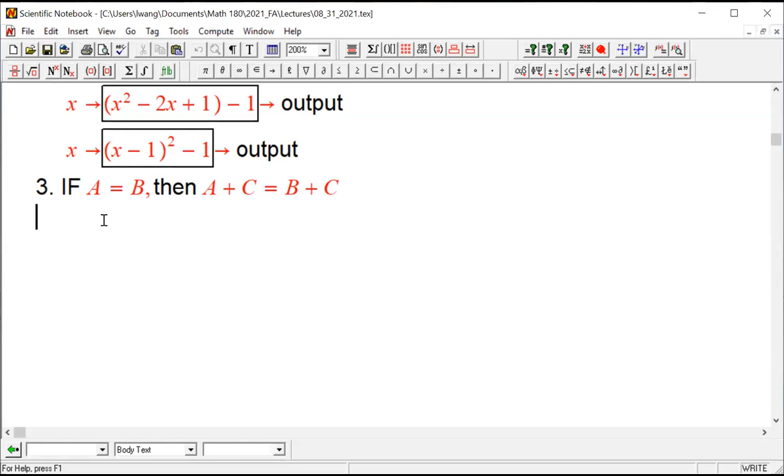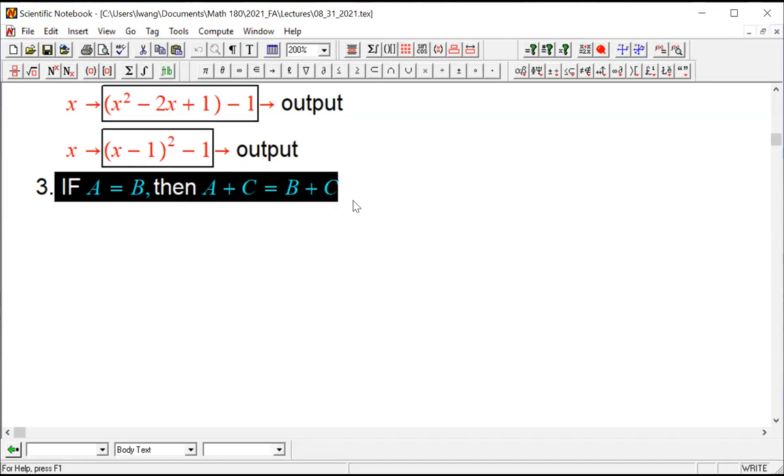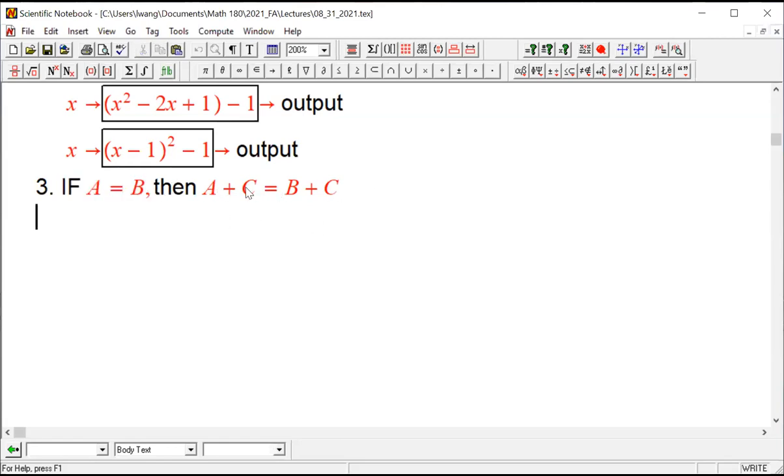One is a statement and the other one is an if statement. So this principle can only be used when we are dealing with an if statement. Because if A is the same as B, then A plus C is the same as B plus C.